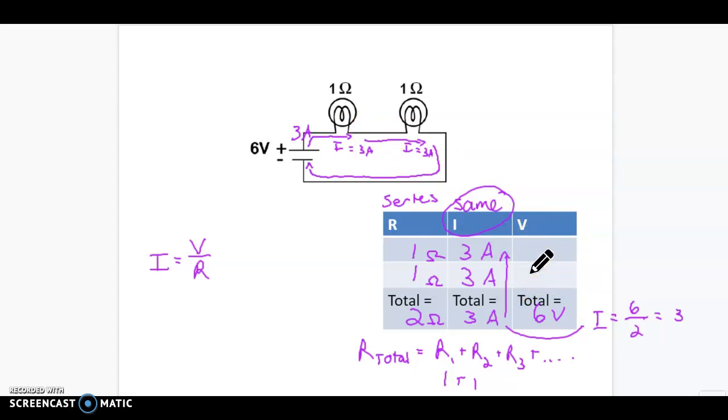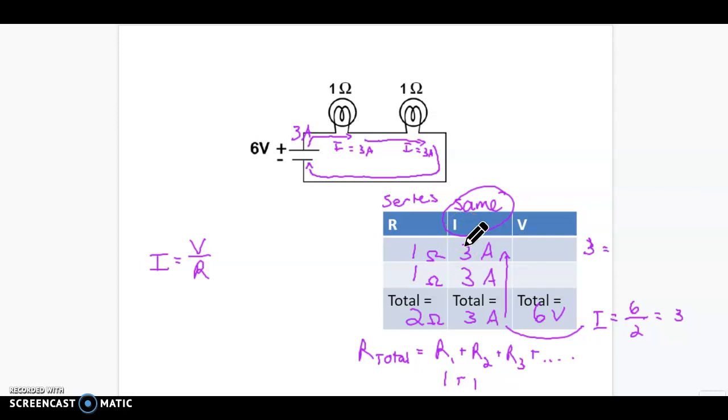Okay? So the voltage, again, it's like, well, what actually goes in here? Because I know two things in each of these rows, I can use that equation I equals V over R and solve for the voltage. I'm going to put things in where they belong though. The current, it is 3 amps.